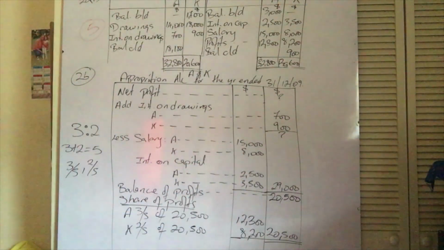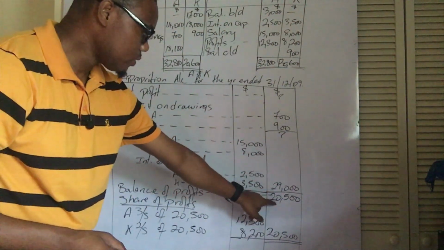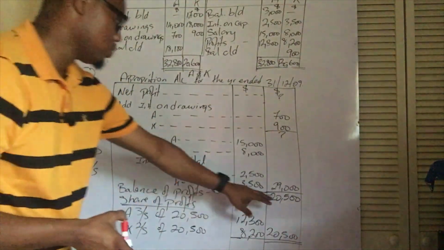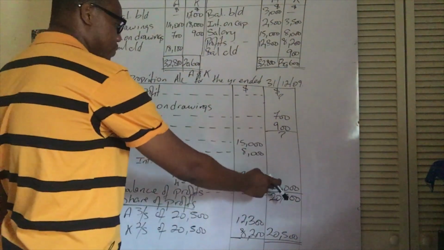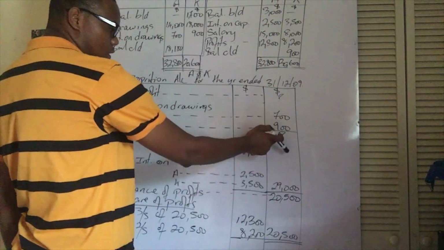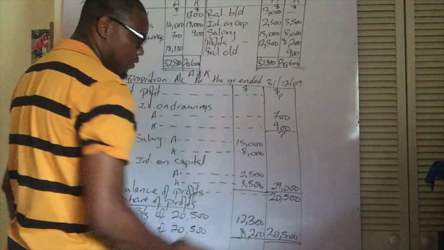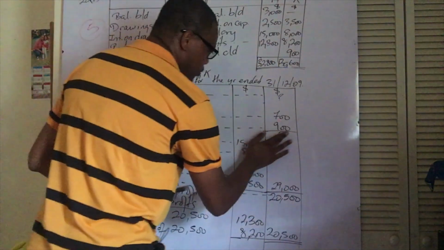Okay, so if we know this figure, we can calculate this figure, because we know that when we take away this figure from this figure, we get this figure. So what is this figure? We have to add this figure to this figure now, right? So it's going to be what? 49,500.